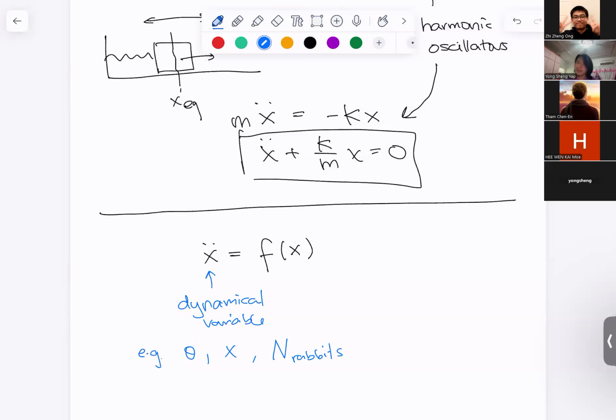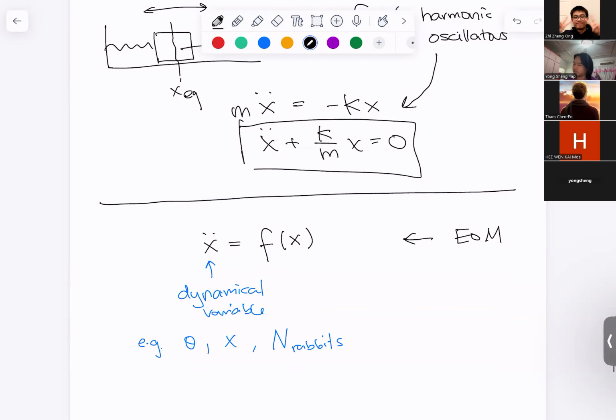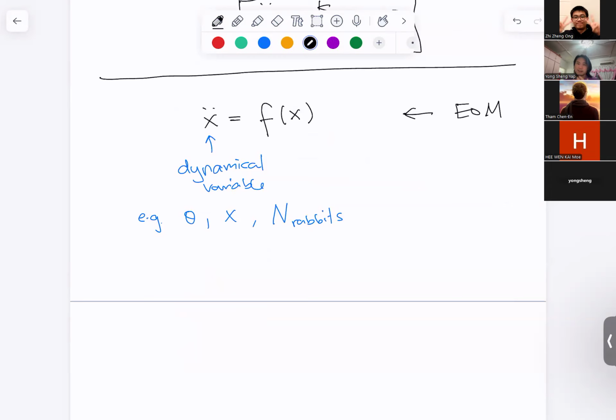It can be anything that is changing with respect to time. Anything of this form is called an equation of motion. An equation of motion says what the change of the dynamical variable with respect to time is, and it's going to be a function of external variables and, of course, the dynamical variable itself. Equations of motion are not just things like F equals ma. It can be anything that's dynamical in this sense.